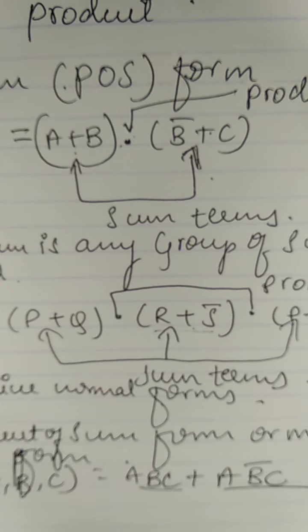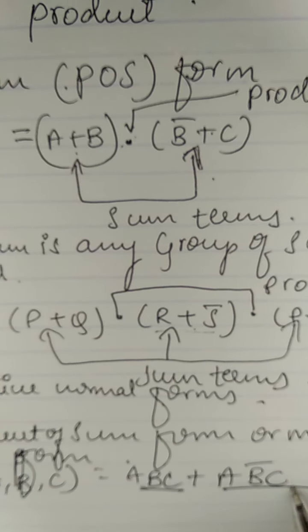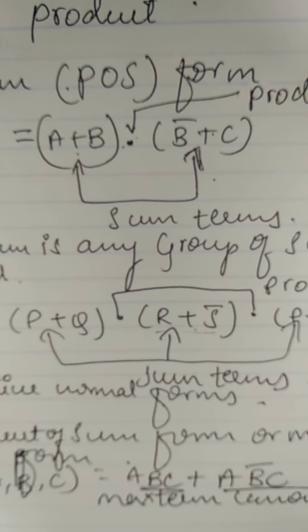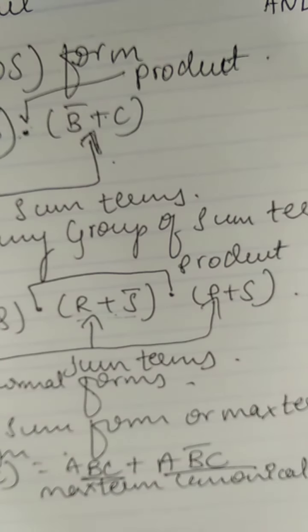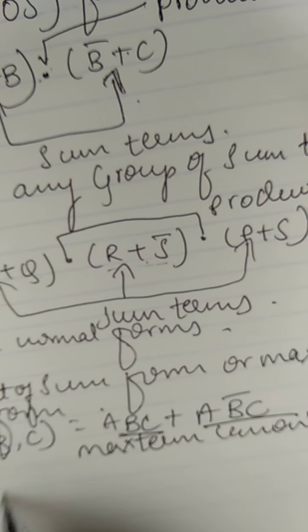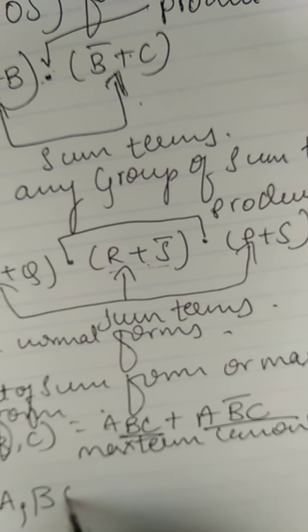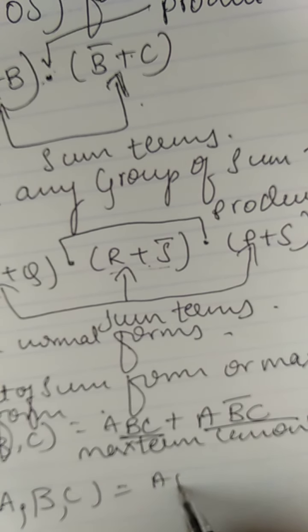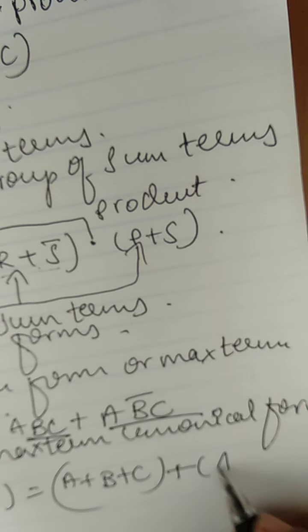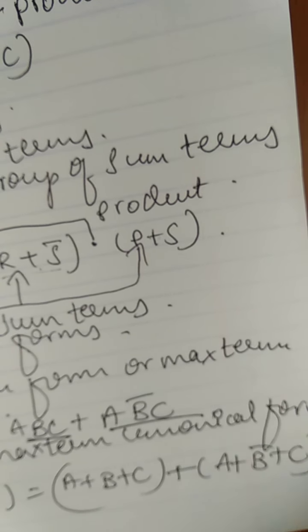It is called a max-term canonical form when each individual term in the standard POS form consists of all the literals. For example, f(A,B,C) = (a+b+c)(a+b'+c).